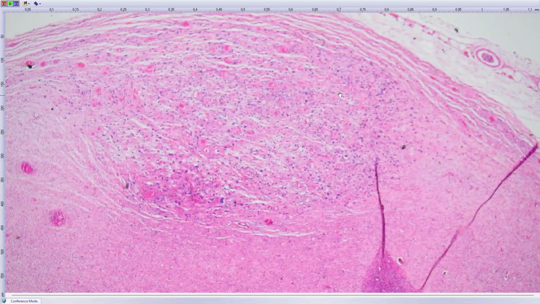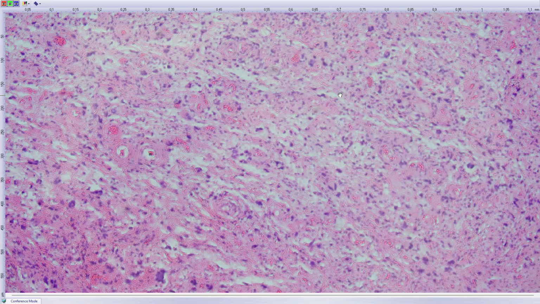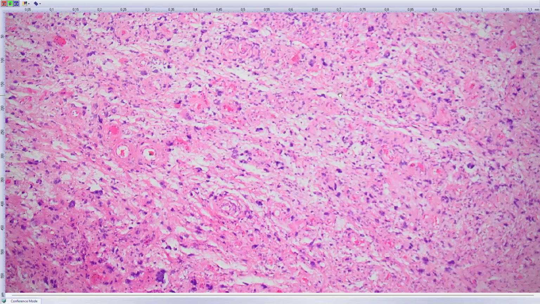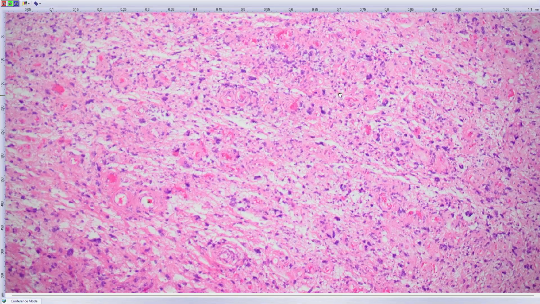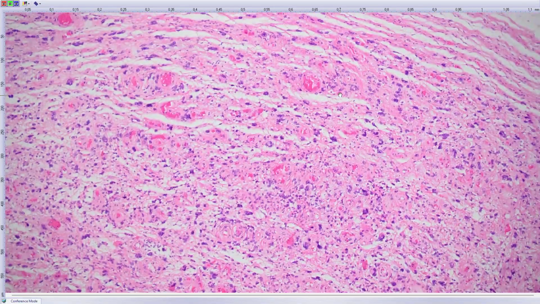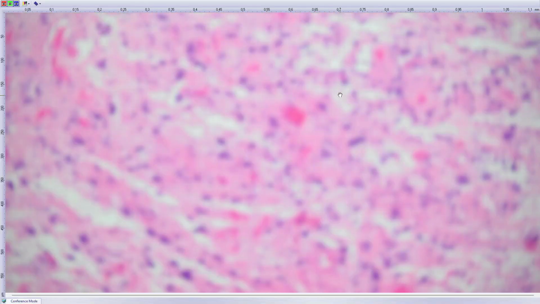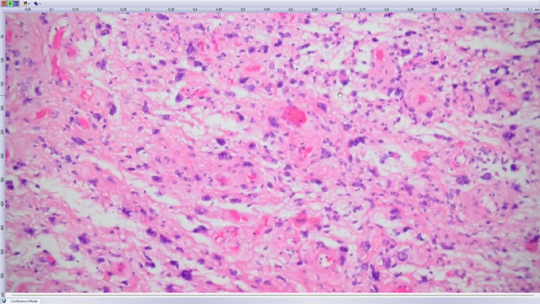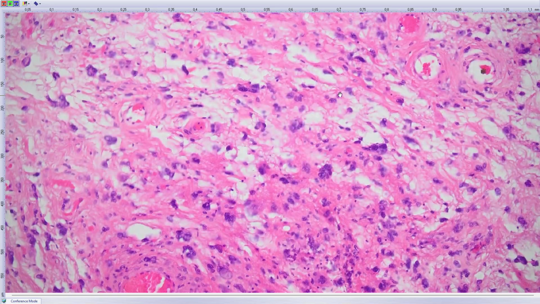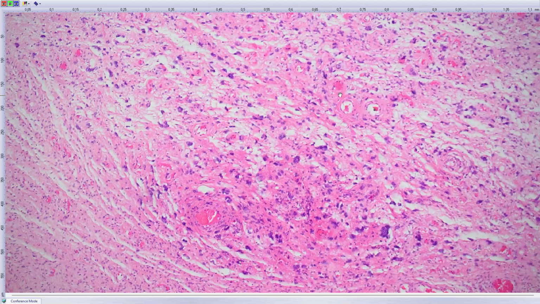And what was amazing in this case, there was one component here, you see it here, and it looks like this. Some cases in the past looked like that. You see the undifferentiated component is sharply differentiated from the spindle cell.